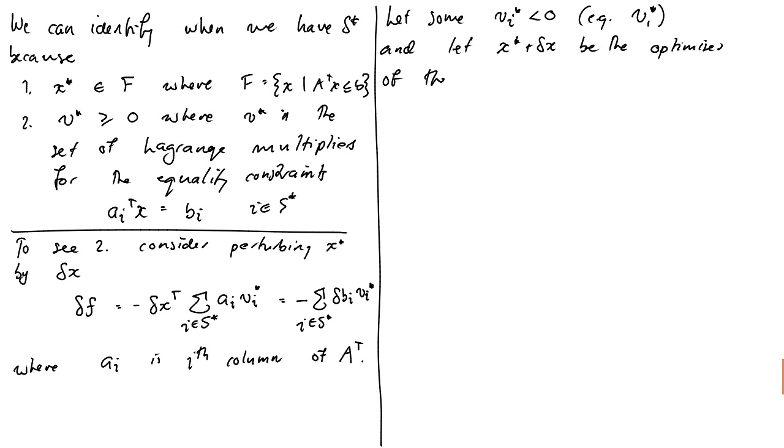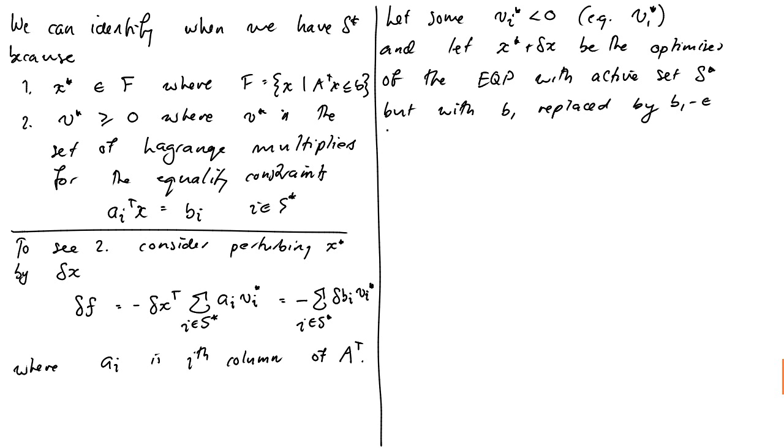of the EQP with the same set of active constraints, but with B1 replaced by B1 minus a small epsilon.